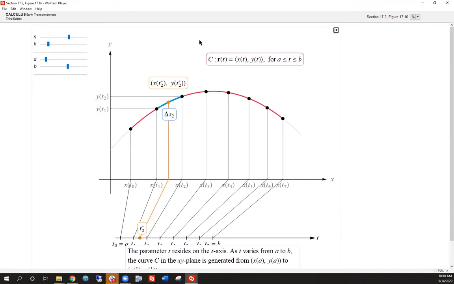You remember what s stands for in most of these applications? Displacement? Displacement, or in this case, it's going to stand for arc length.